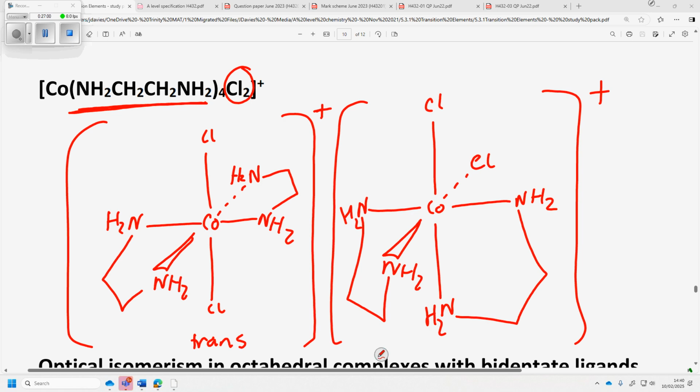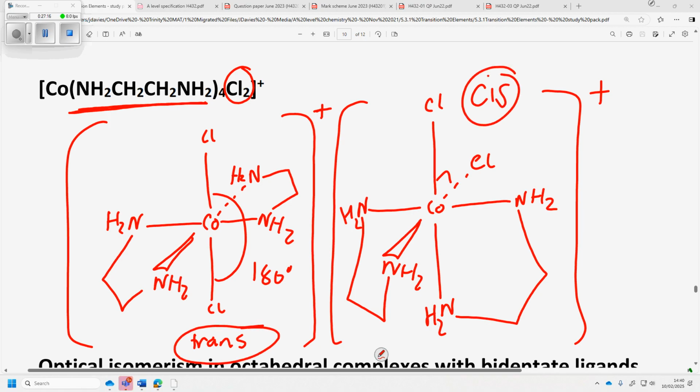So my monodentate ligands were either on the left hand side, 180 degrees away from each other, or 90 degrees. Cis, trans.